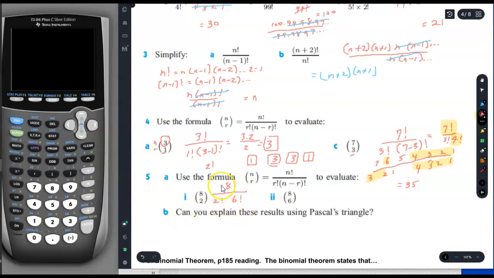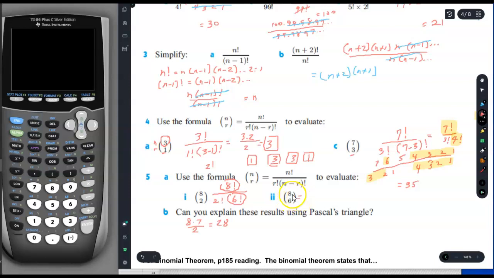So do you see how if I cancel out this and this, I would just end up with 8 times 7 on top, 2 on the bottom. 8 times 7 is 56. Divided by 2 is half of that. It's 28.